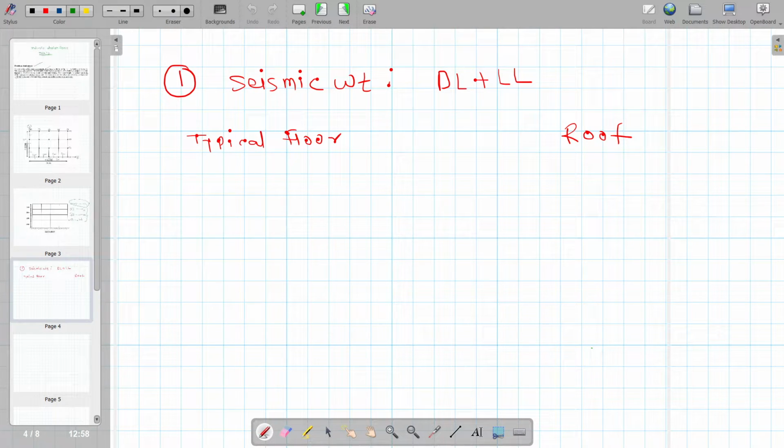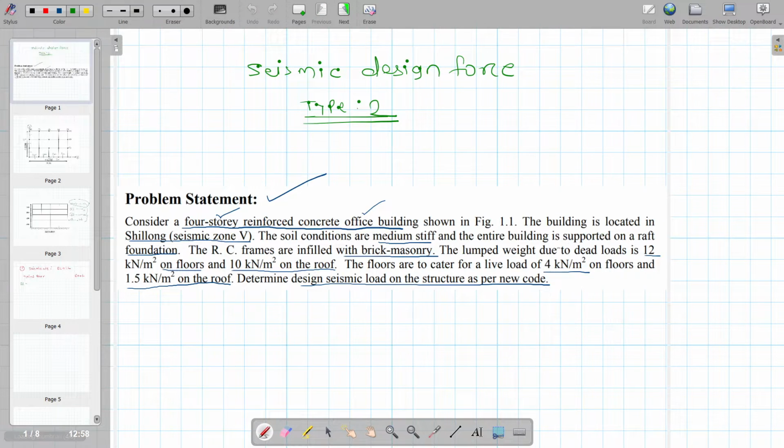Now, first of all, for a typical floor, the dead load, as you can see in the problem statement, the lumped weight due to dead load is 12 kN per meter square on floors and 10 kN per meter square on the roof.